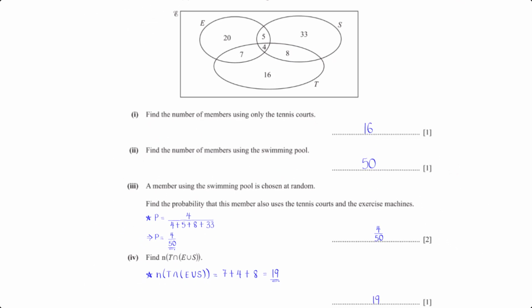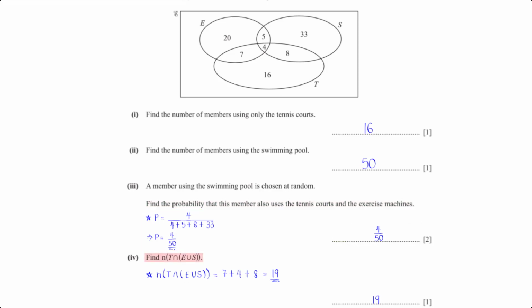A member using the swimming pool is chosen at random. Find the probability that this member also uses the tennis courts and the exercise machines. This probability is equal to the number of members who use the swimming pool and also use the tennis courts and exercise machines, which is 4, divided by the number of people who use the swimming pool, which is 50.